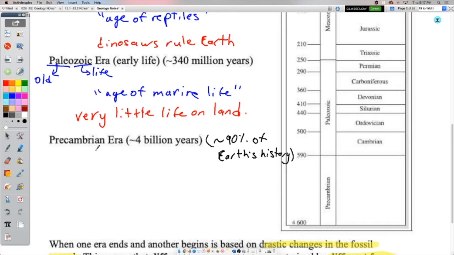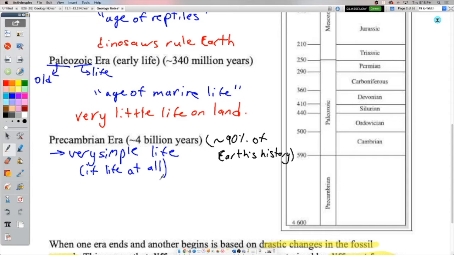Okay, and it was definitely all in the oceans, okay? Because again, Earth was not a nice place to be at the time. So Precambrian era, we're talking very simple life the entire time, like literally bacteria, simpler than bacteria, okay? Very simple life. And that's if there was life at all, because remember, for the first billion years of the Earth's history, there was no life.